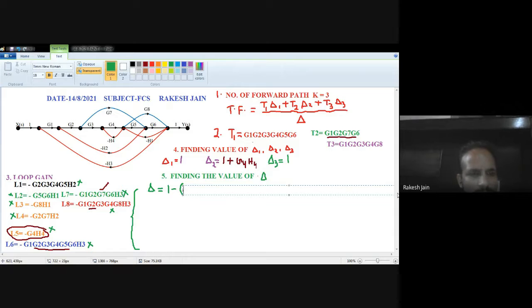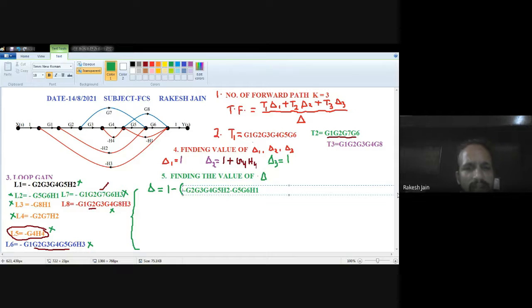Minus G2 G3, G4 G5, then next two, but because minus is there, so minus G5 G6 H1.